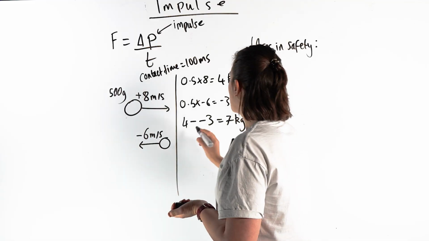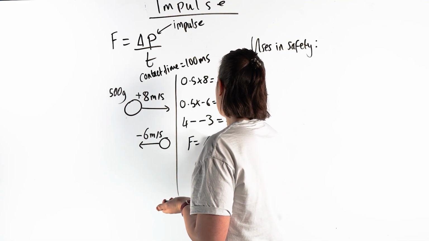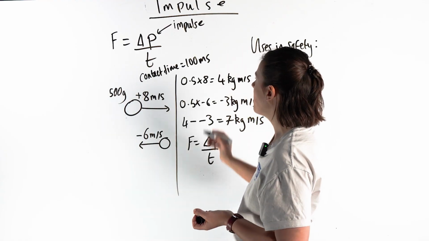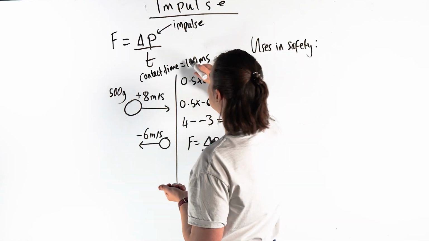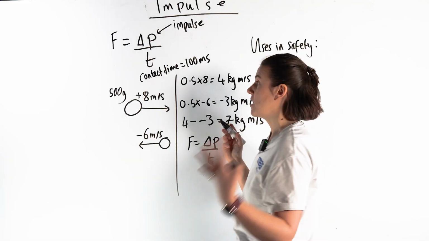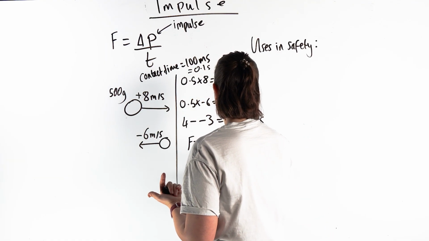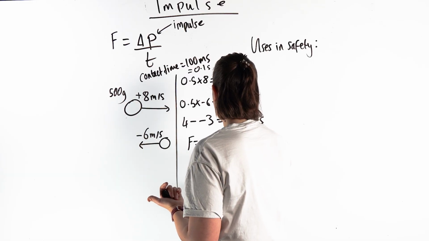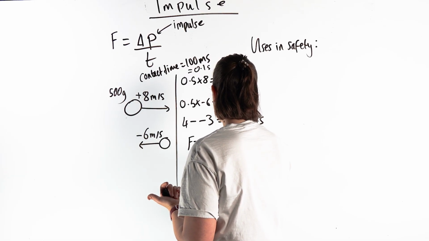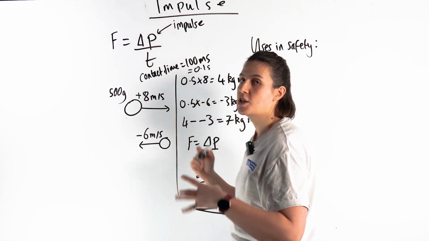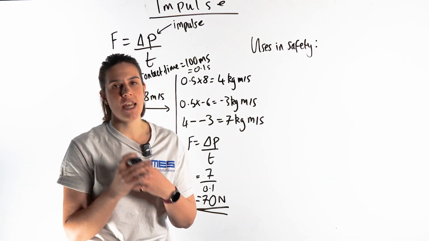So I'm going to use force is equal to the change in momentum, which I've worked out, divided by the contact time, which is 100 milliseconds. So to get that into seconds, I'll divide it by 1,000. So that's 0.1 seconds. So 7 divided by 0.1, which would give me an answer of 70 newtons. So the force exerted on this ball was 70 newtons.